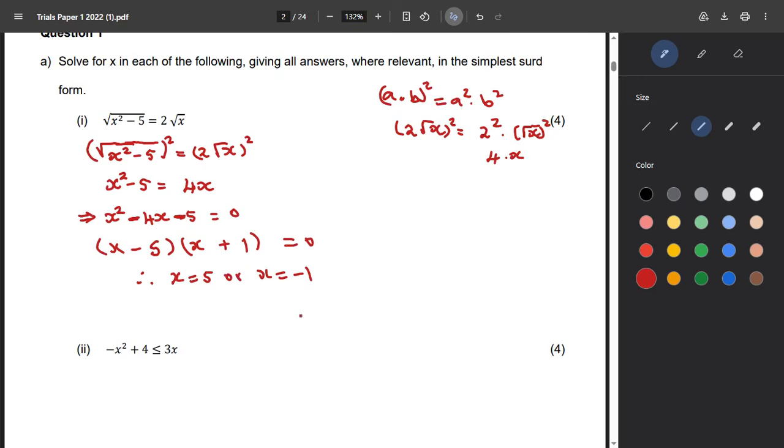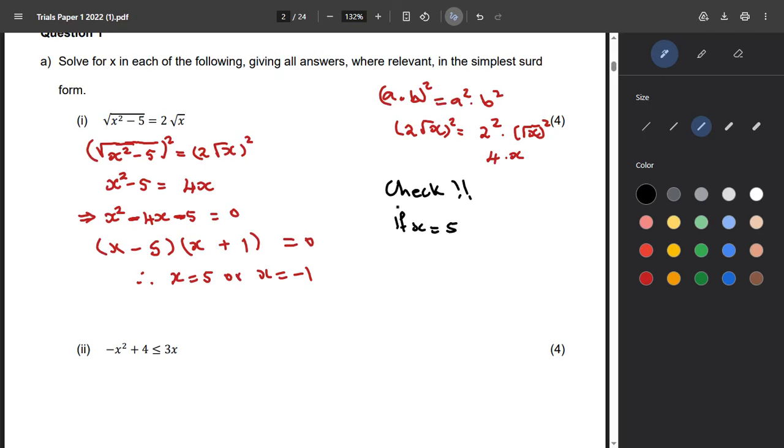Remember, we are working with surds, so it's very important for us to check our final answer. We need to check if x is 5, is the left-hand side equal to the right-hand side from the given equation. Wherever there is x, I'm just going to put 5.